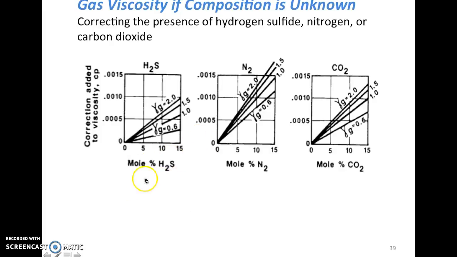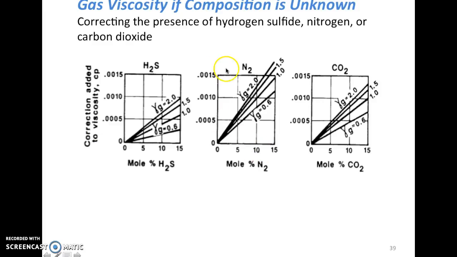formulas. So if you have a mole percentage of this non-hydrocarbon, and if you have the gas viscosity, basically you go here and you read the value of the viscosity. This correction is added to the viscosity, so it increases the viscosity that we read from the previous step.